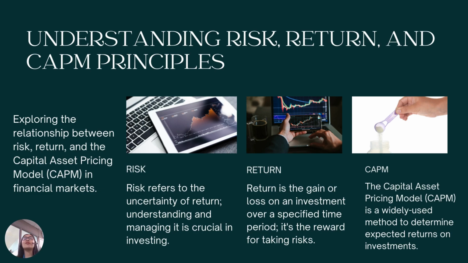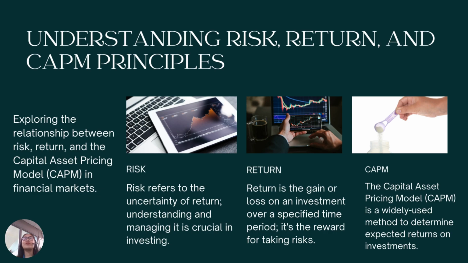The third one is the capital asset pricing model. It is a widely used method to determine expected returns on investment. So the statement that CAPM measures the expected return on an investment based on its risk means that according to CAPM, the expected return of an investment is determined by its level of risk.